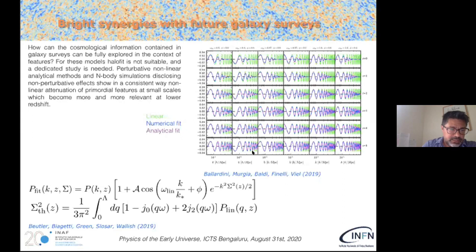Perturbative nonlinear analytic methods or N-body simulations show in a consistent way an attenuation of this feature at small scales, an effect which becomes more and more relevant at lower redshift. This nonlinear damping can be modeled by mutuating the physics from baryonic acoustic oscillations with an exponential damping, which also has a perturbative formula from perturbation theory.